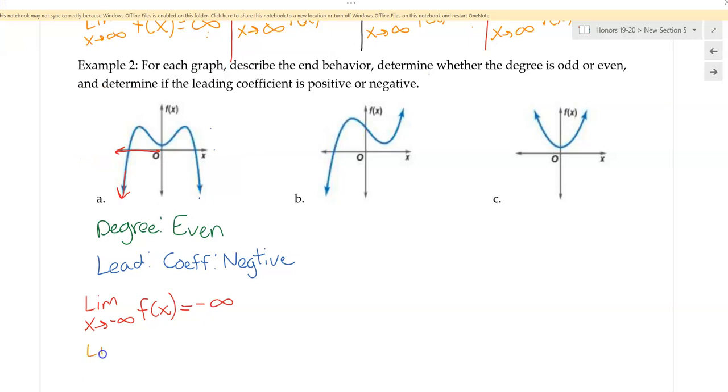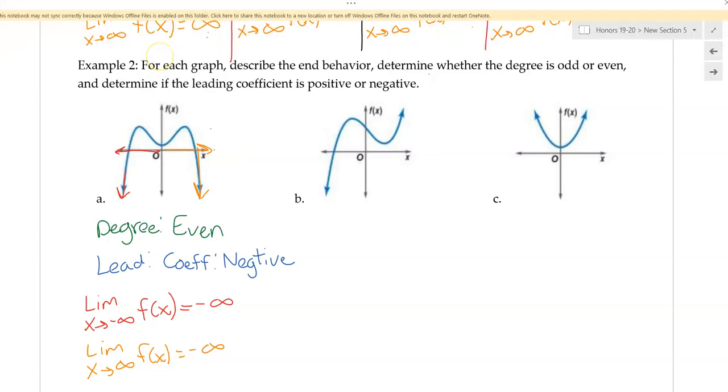The limit as x approaches infinity of f of x, again, that part's always the same, equals what? As I go to the right, what is my graph doing? It's going down forever, negative infinity.